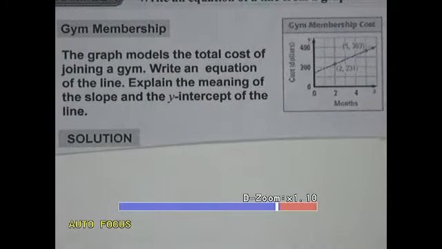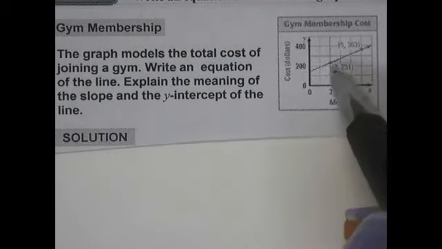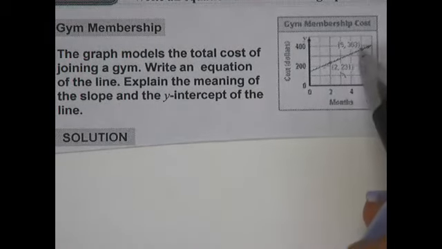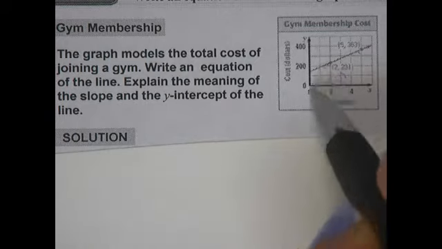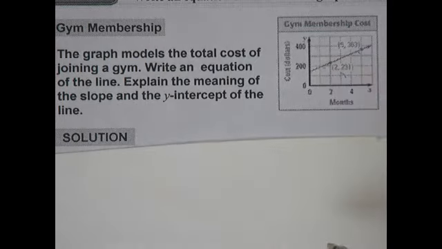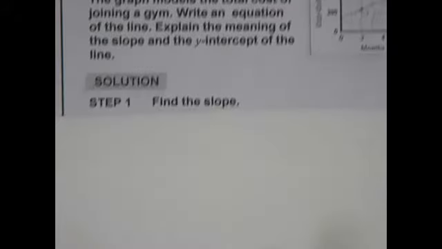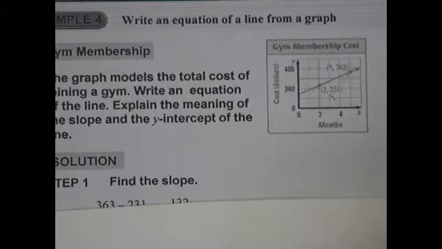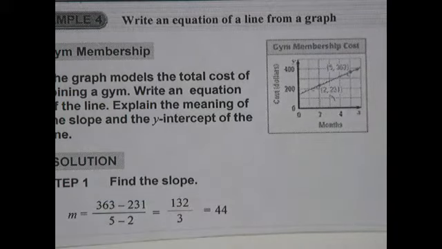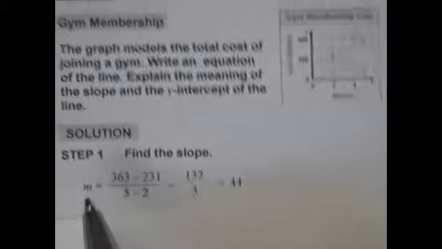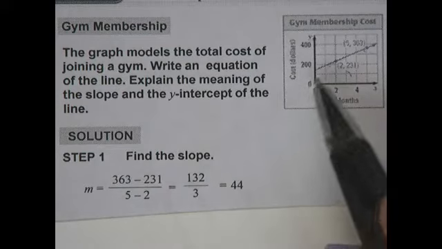And so example 4 looks like this. You'll be taking a graph. The graph models the total cost of joining a gym. Write an equation of the line, and explain the meaning of slope and y-intercept. Well, if you take a look at this, they give you 2 points that are labeled. If they don't give you those, you find those points by using your information on reading graphs.